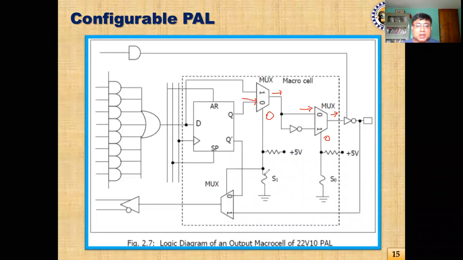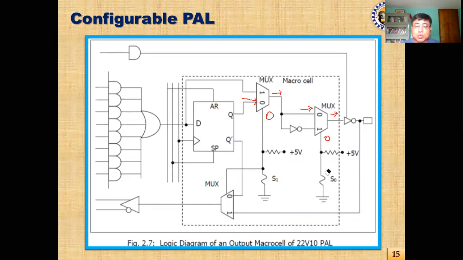If we keep it, then this point will be at 0. If this fuse is in place, then this will be at 0. And if this fuse is blown, if this fuse is removed, then this will be at high. So that means it will get 1. Similarly, if this fuse is in place, then this will be connected to ground, so it will receive a 0.